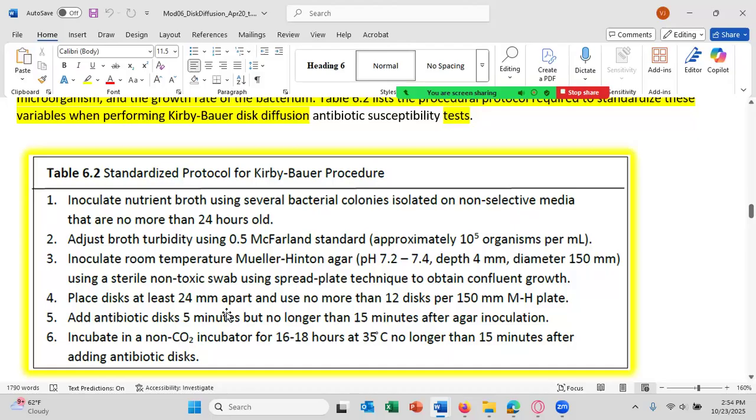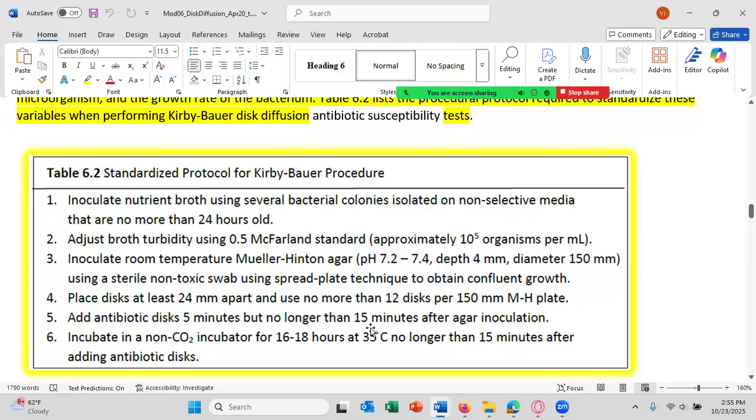And you put the disc at least 24 millimeters apart from each other, and use no more than 12 discs per 150 millimeter plate. And make sure you put the disc on between 5 minutes, but no longer than 15 minutes after you've inoculated that plate with the bacteria.